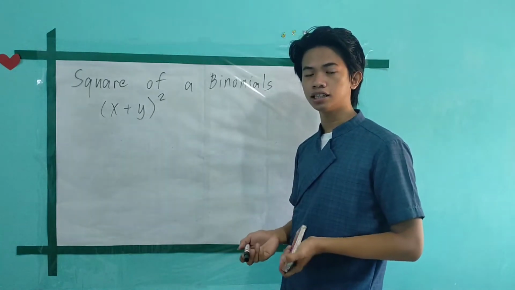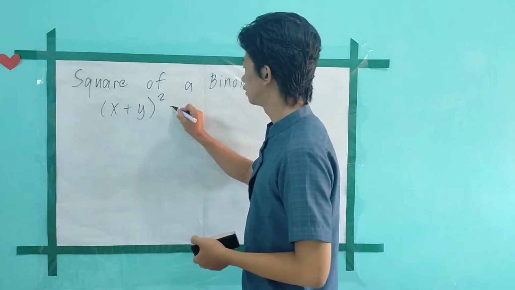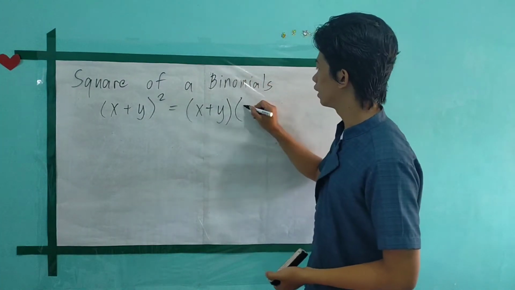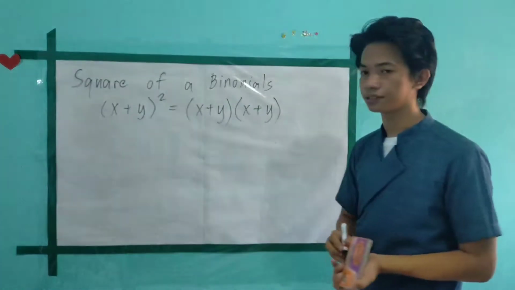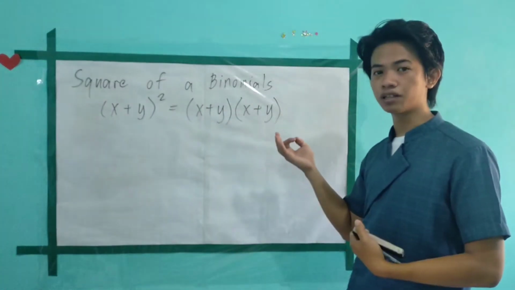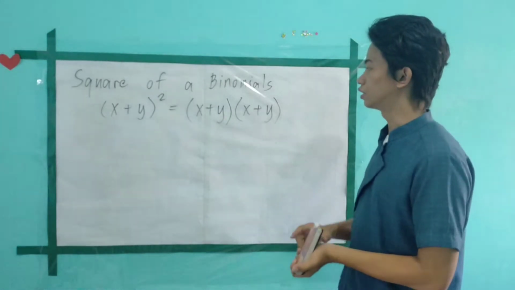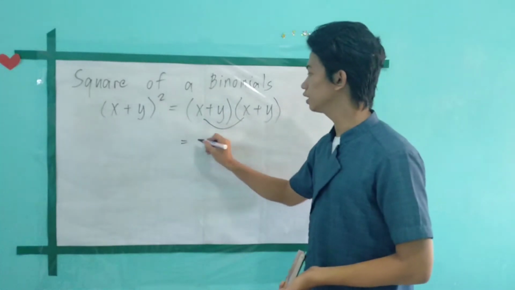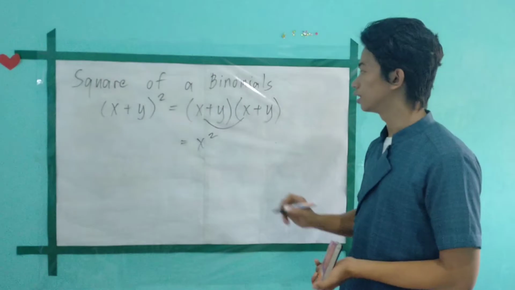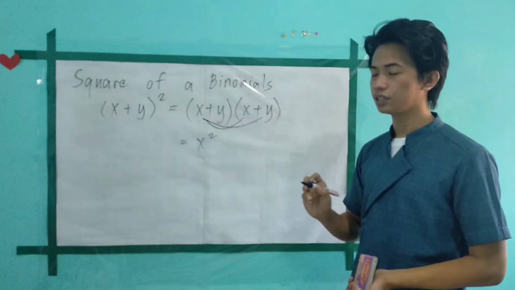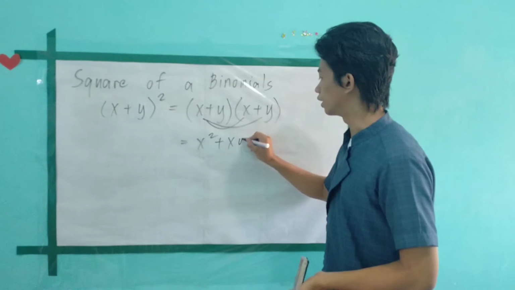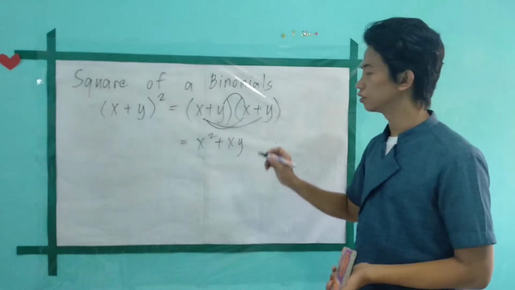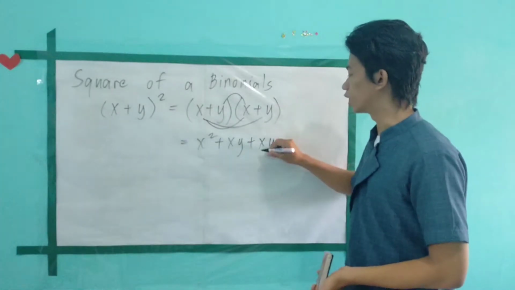Next, let's write it in expanded form. X plus y multiplied by x plus y. That is the expanded form. Using FOIL method, x multiplied by x, it is x squared. Next, x multiplied by y, we have xy. Next, y multiplied by x, we have xy.